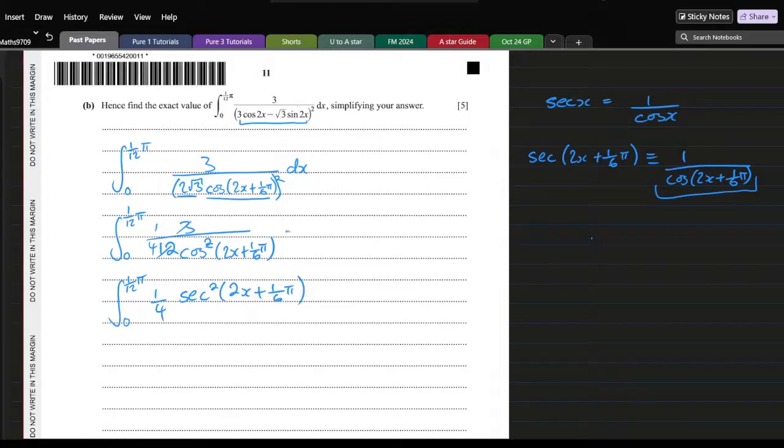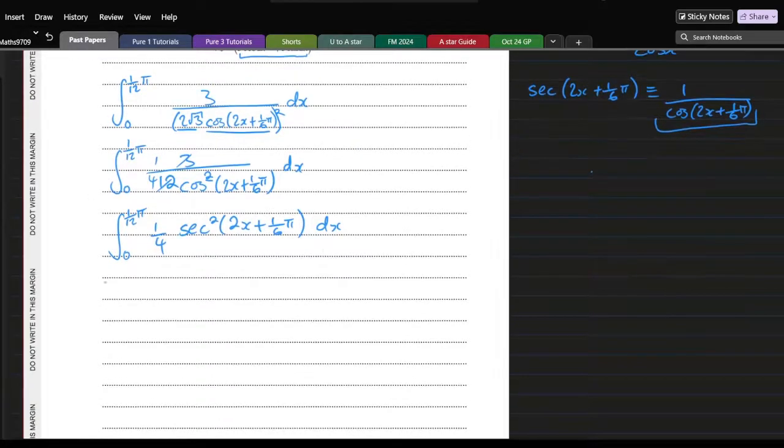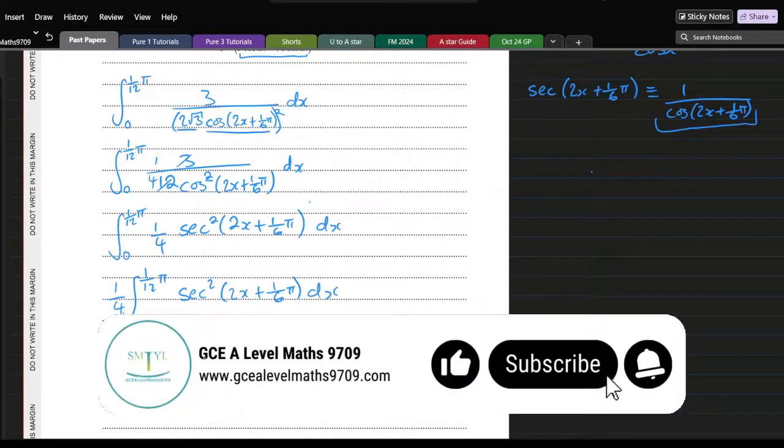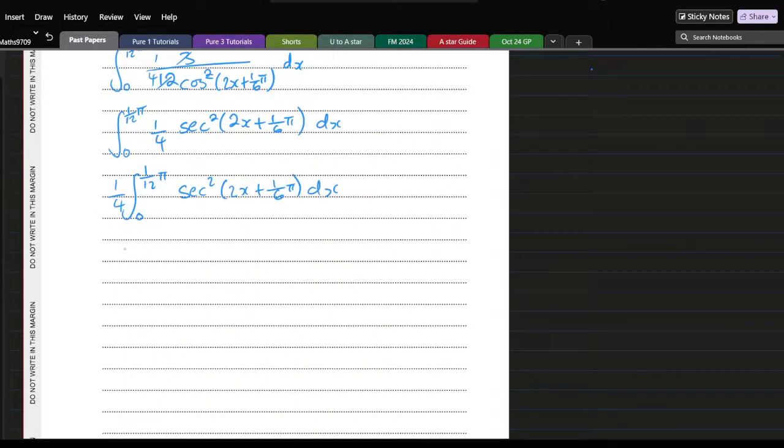And there should be a dx here and a dx here. We can take the 1 over 4 outside of the integral sign. Alright, and we can integrate our sec squared of 2x plus 1 over 6 pi, and this is with respect to x. So this gives us 1 over 4.